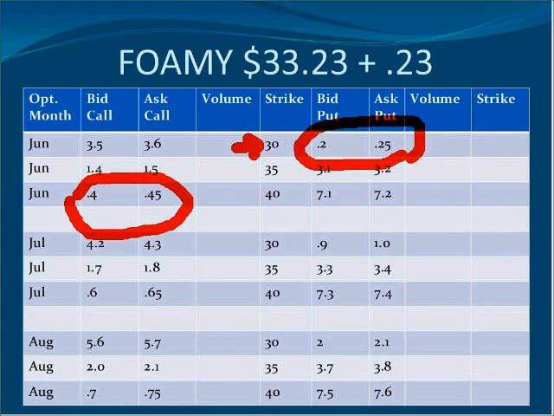So even though it's further away, we see that these options are worth more. And we might say, well, why is that? And then if we look at the next month, that's not the case over here. Over here, these are worth more.